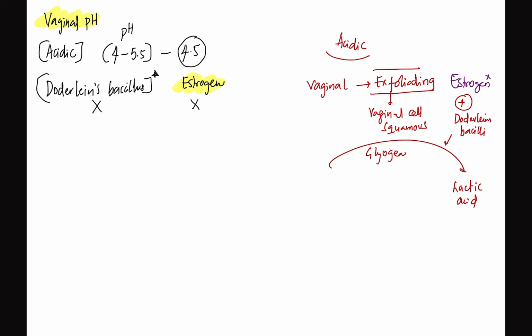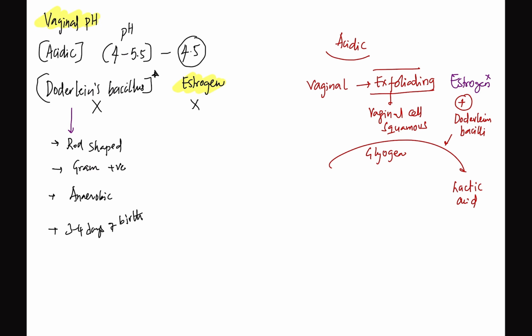So let's also try to learn few more points about this Doderlein's bacilli. Doderlein's bacilli is a rod shaped. Bacilli means rod shaped, right? So common sense. It's a rod shaped one, and it is a gram positive bacilli, and it grows on anaerobic media, anaerobic acid media. It's an anaerobic organism, and immediately within 3 to 4 days of birth, it will appear in the vaginal tract.